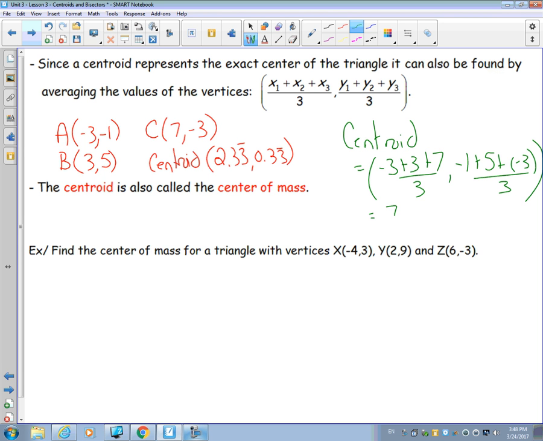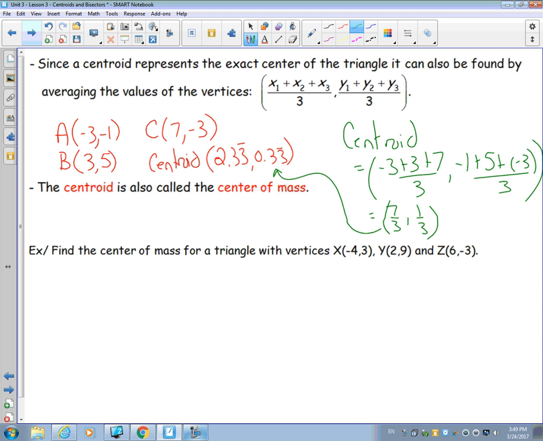We get 7/3 and 1/3. If you change those to decimals, you get this. So that's a much faster way of approaching the centroid. I'd prefer that you guys use that when you find the centroid. It does not shortcut medians though. You still have to be able to find the equations of those things, at least one or two of them.